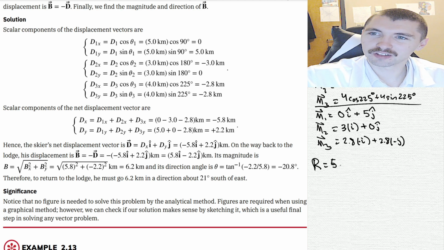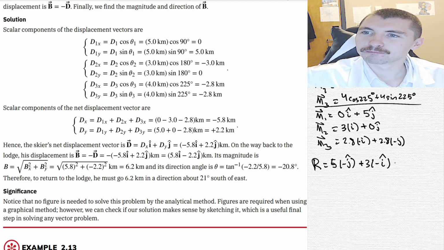So it's gonna be 5 negative J plus 3 negative I plus 2.8 I plus 2.8 J.